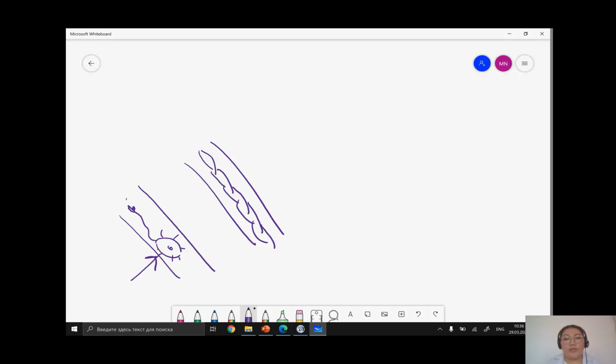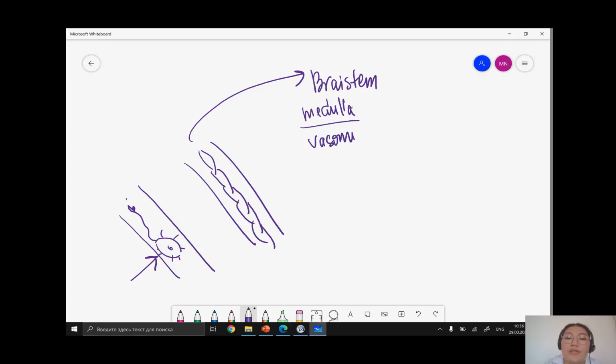The stretch receptors from the vessel wall send signals again to the brain, but in this particular case, to the brainstem. There we have the medulla oblongata, and within the medulla we have the vasomotor center.